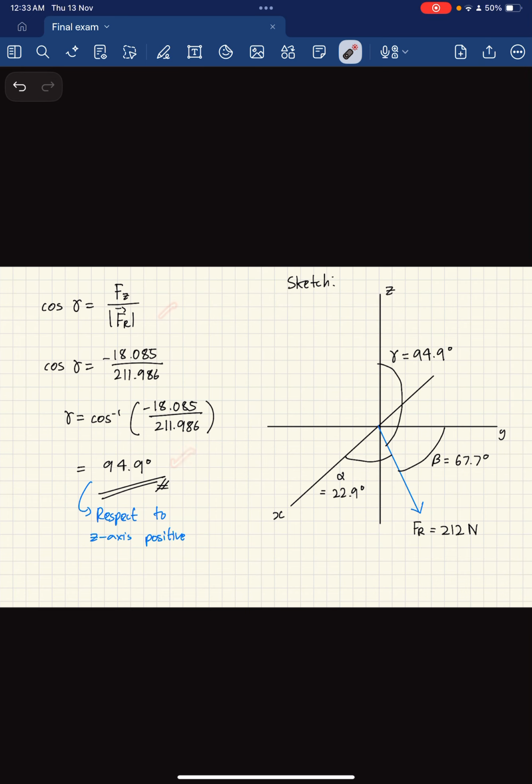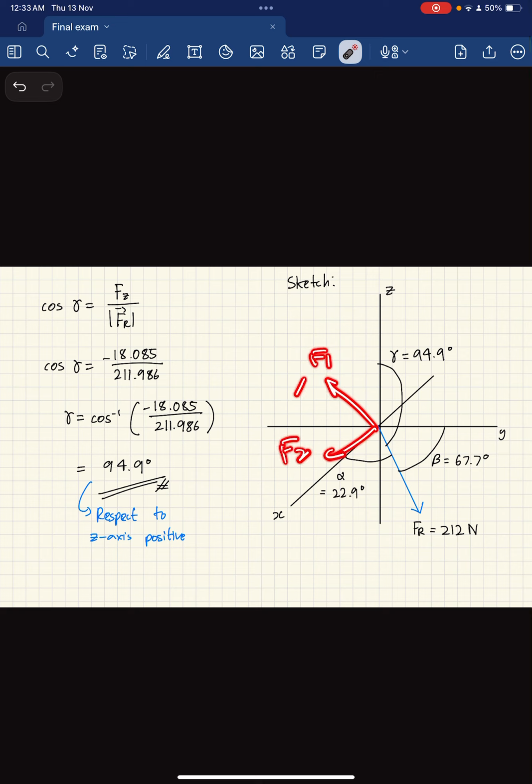Then for sketching, normally they're only interested in the vector itself. So you just draw the axes x, y, and z, and then draw the vector itself. They're really interested in seeing the resultant vector. You don't have to draw the whole structure, and they're not expecting you to draw F1 or F2.